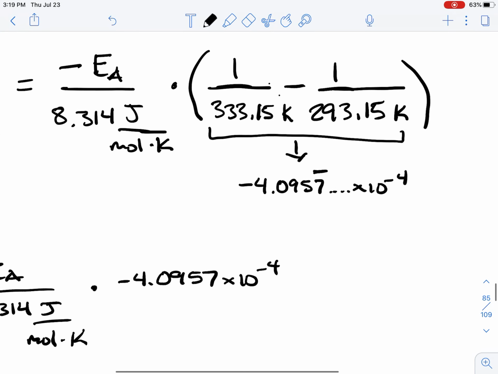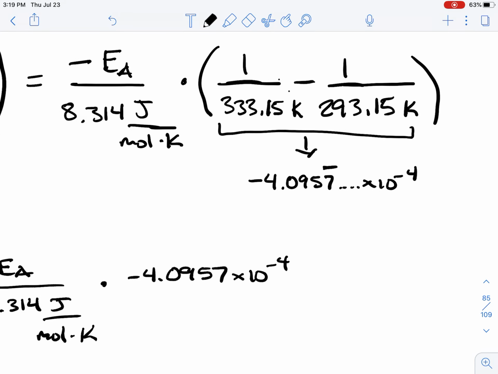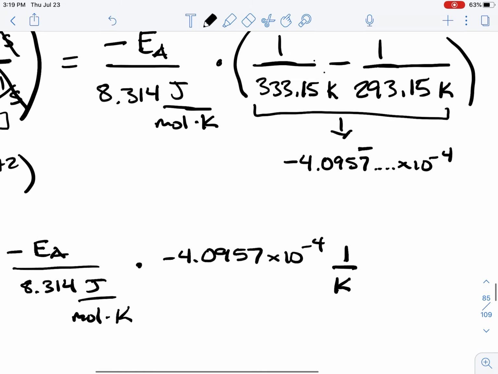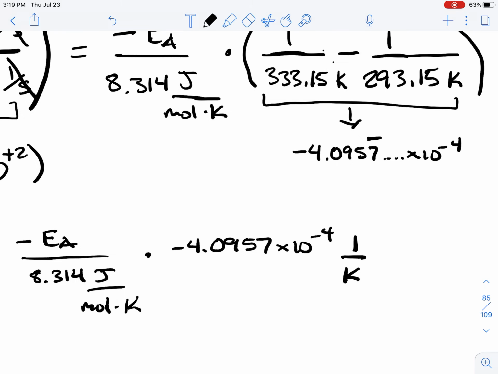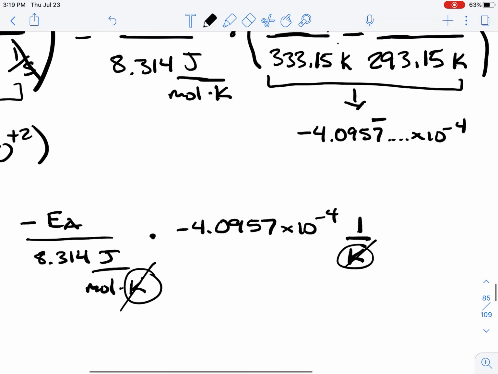Now, in terms of the unit, it's going to be 1 per Kelvin. And so since this Kelvin is really in the denominator, it's going to cancel with this Kelvin. Okay, and so you guys can go ahead and prove that when you multiply, keep, change, flip, they're going to cancel.